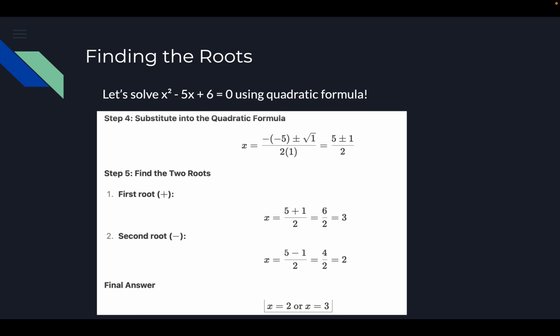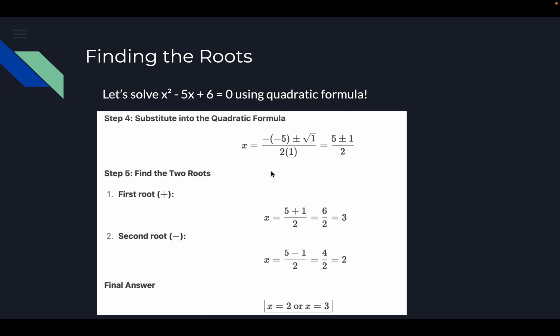The square root of 1 is 1. So we have x = (5 ± 1) / (2 × 1), since 2a is 2 times 1. So x = (5 ± 1) / 2.